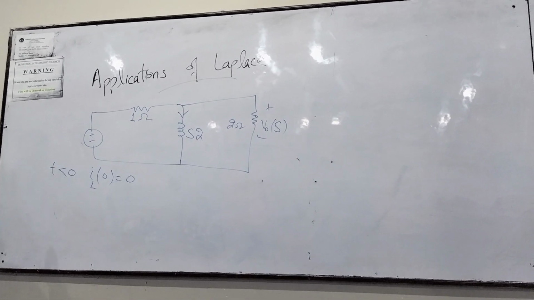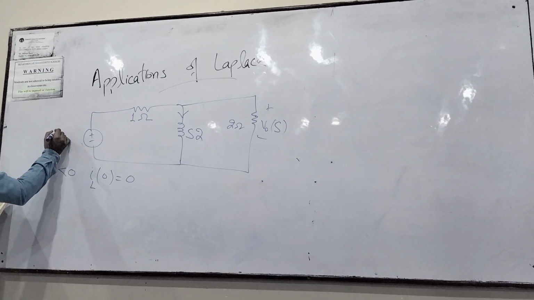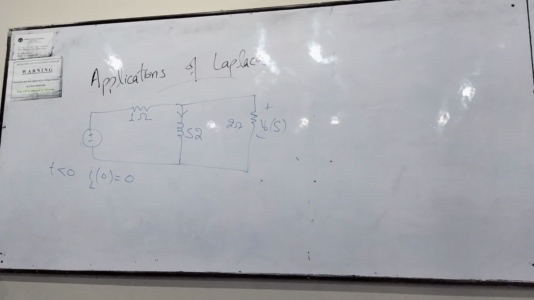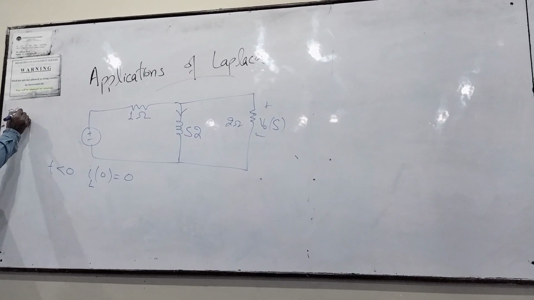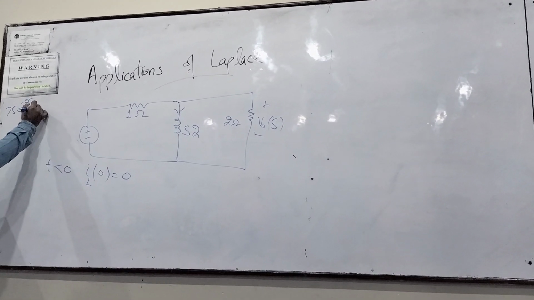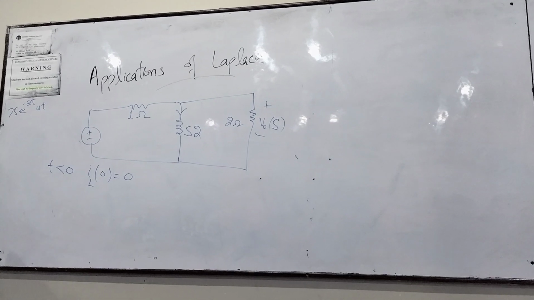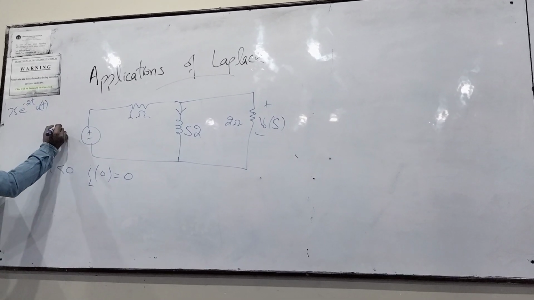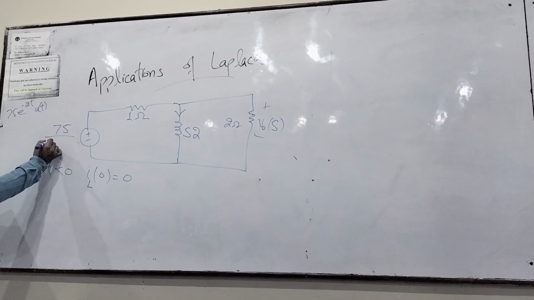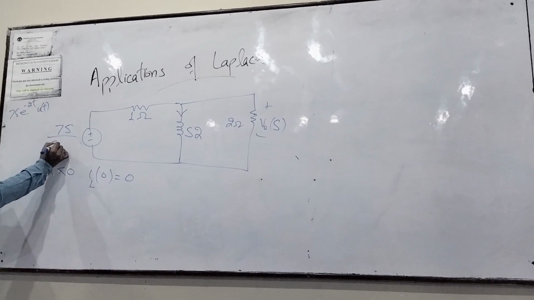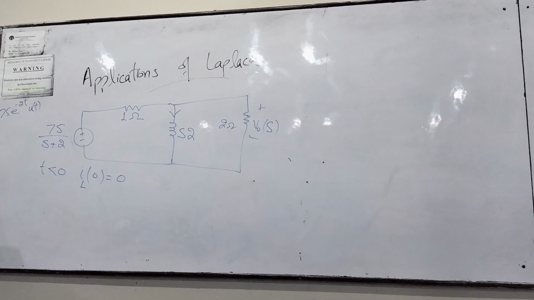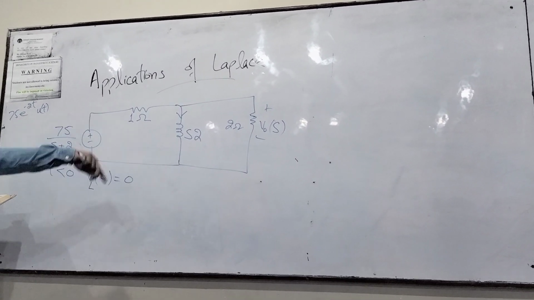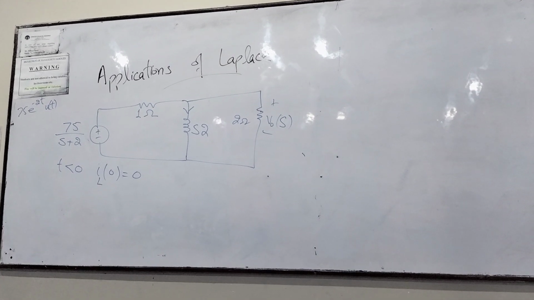What will be the 75 exponential of minus 2t? 75 exponential of minus 2t u of t, 1 over 75 over 1 over 2 plus s plus 2. So now this circuit is in Laplace domain.